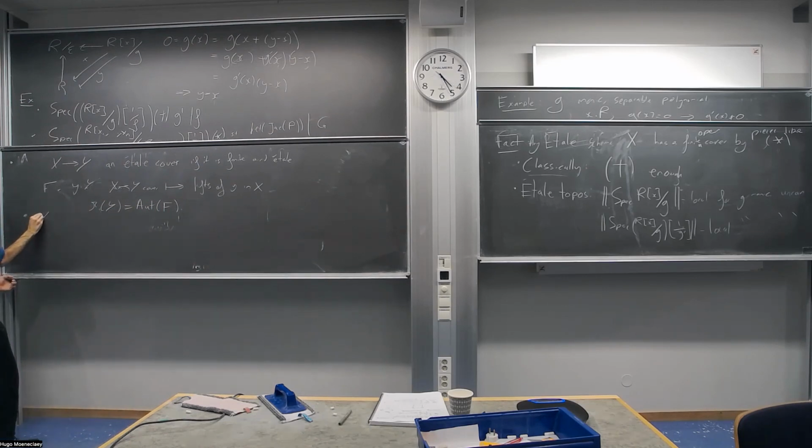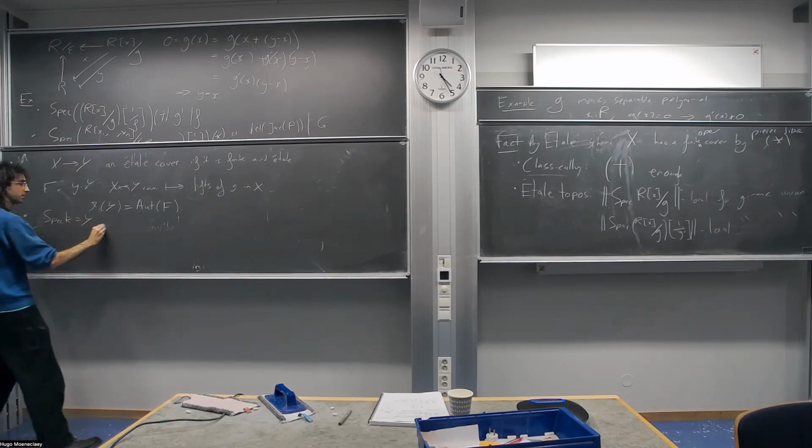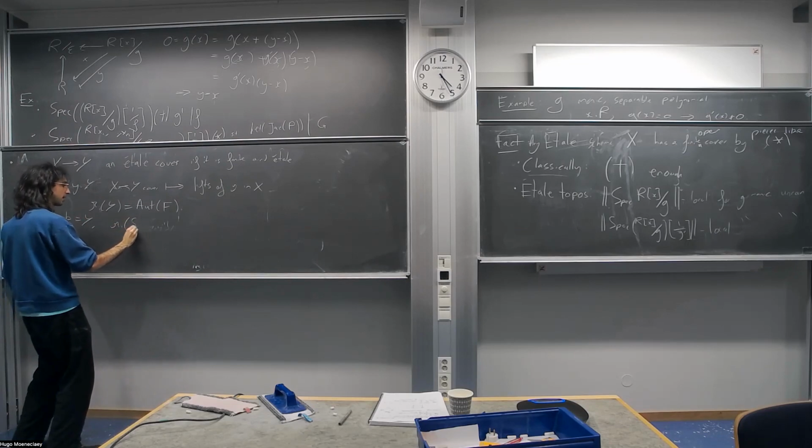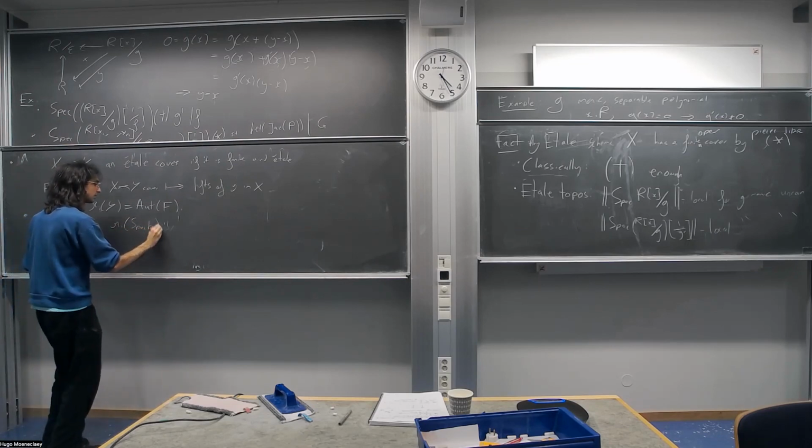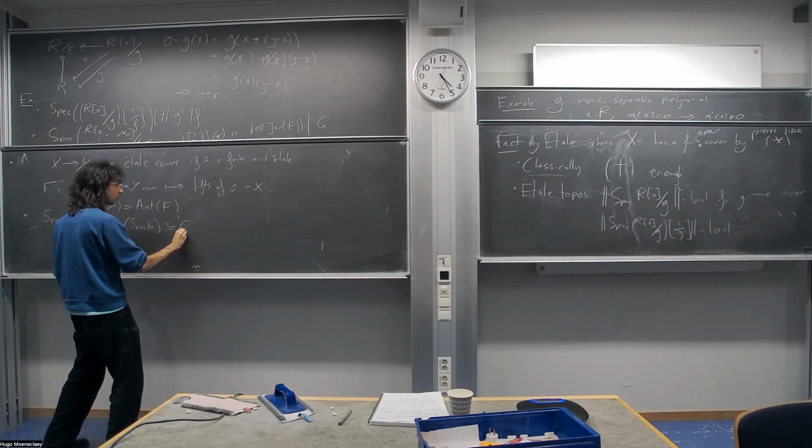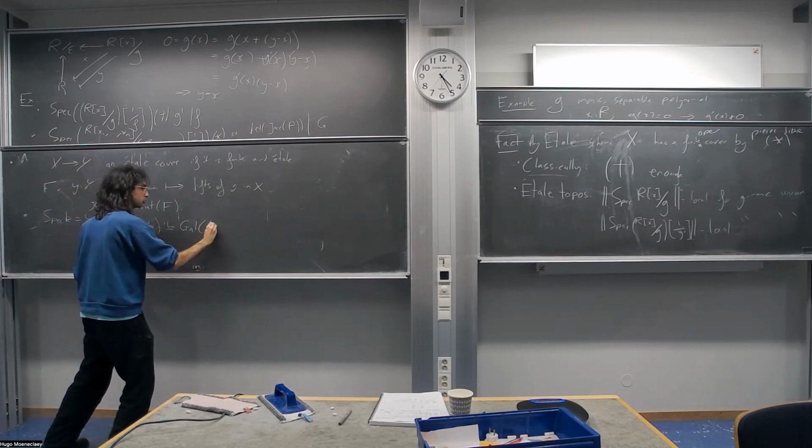So I think it was speculated that where we have Spec K as Y, then π1 of Spec K is the Galois group, the absolute Galois group.